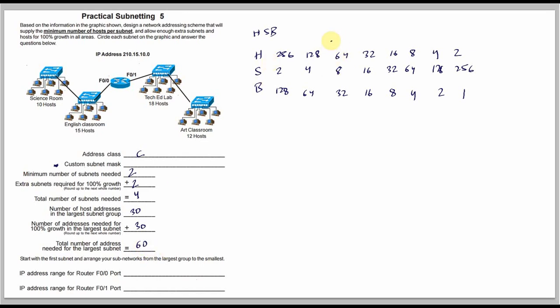So we're going to draw a line right there, and see we have a matching criteria. Total number of subnets needed is 4, so we have a match, and on those 4 subnets we can fit 60 hosts, so we have a positive match.